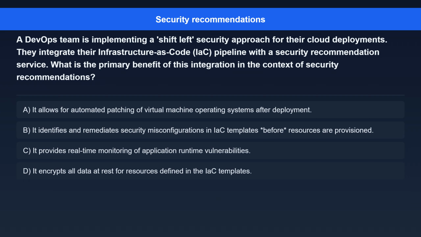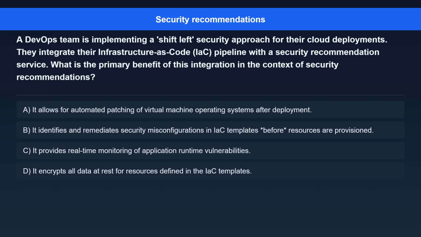Question 3. A DevOps team is implementing a shift-left security approach for their cloud deployments. They integrate their infrastructure as code (IaC) pipeline with a security recommendation service. What is the primary benefit of this integration in the context of security recommendations? Option A. It allows for automated patching of virtual machine operating systems after deployment.